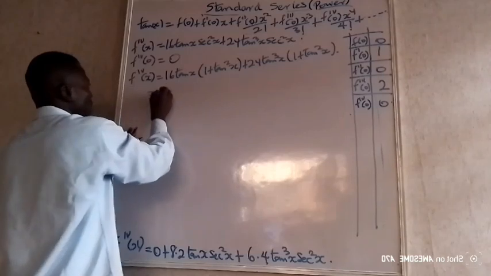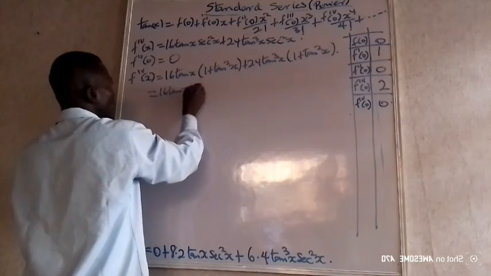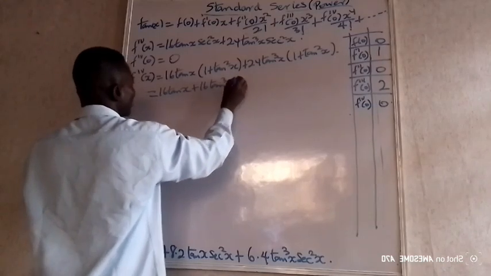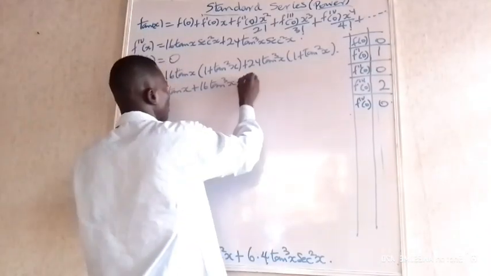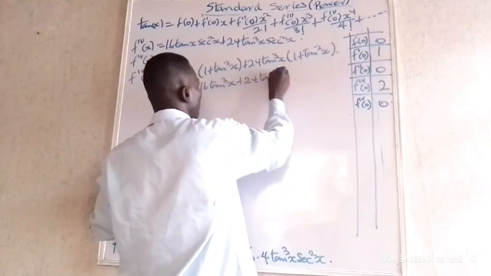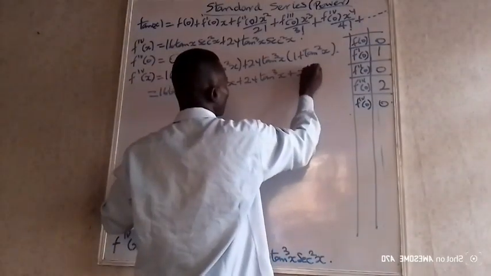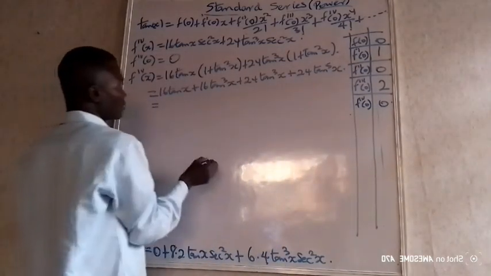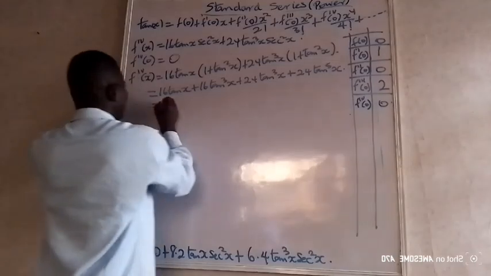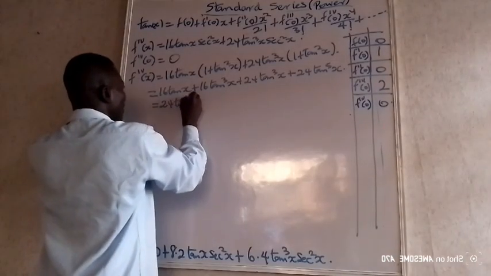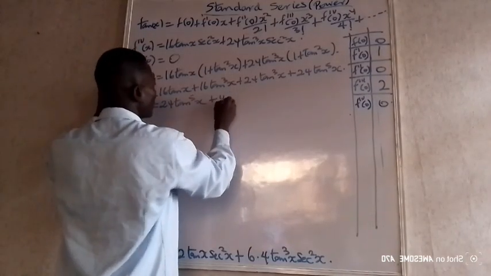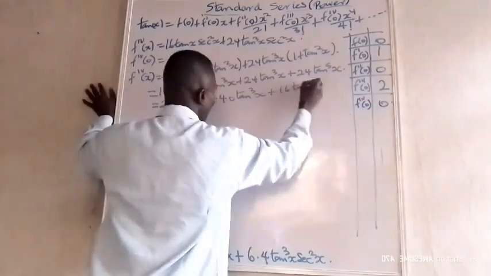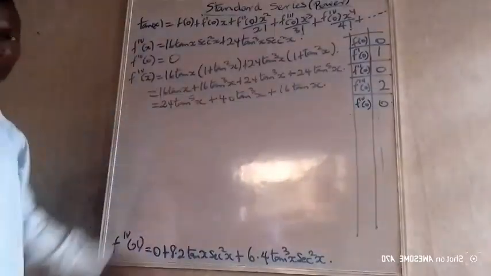So this gives me 16 tan x plus 16 tan cubed x plus 24 tan cubed x plus 24 tan to the power 5 x. So let me make it like this: 24 tan to the power 5 x plus 40 tan cubed x plus 16 tan x. Now to get the fifth derivative will be easier now.